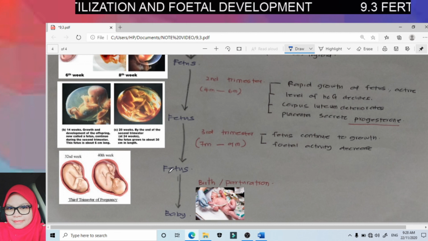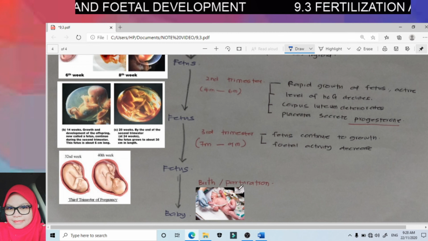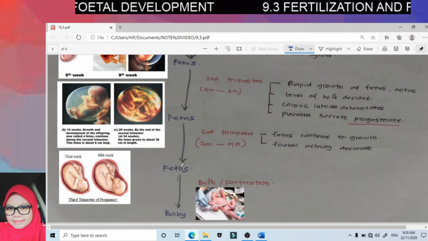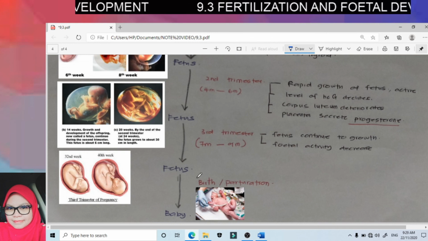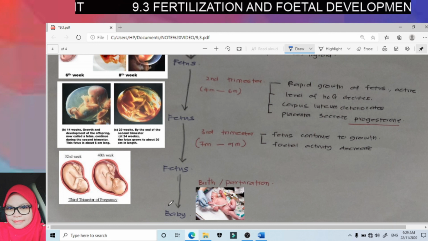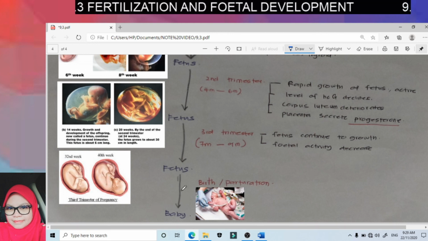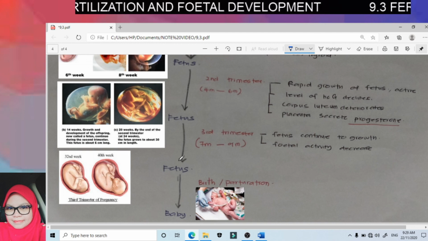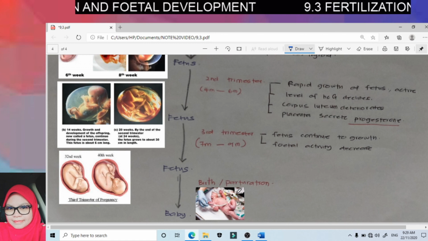And then the fetus will undergo the process of birth or parturition. Maksudnya fetus ini nanti akan dilahirkan dalam proses yang dipanggil sebagai parturition, forming a baby. Once dia dah keluar, so kita tak panggil dia fetus lagi, kita panggil dia sebagai baby.